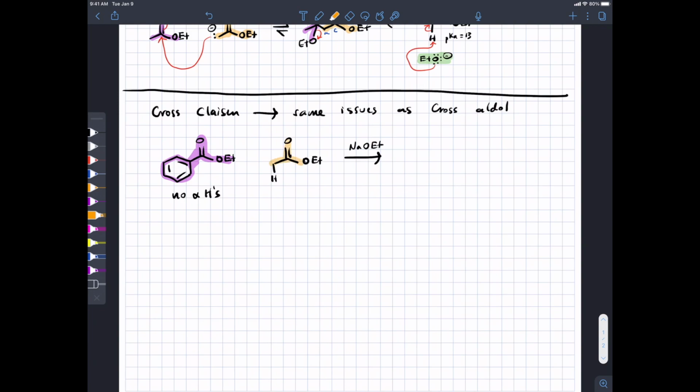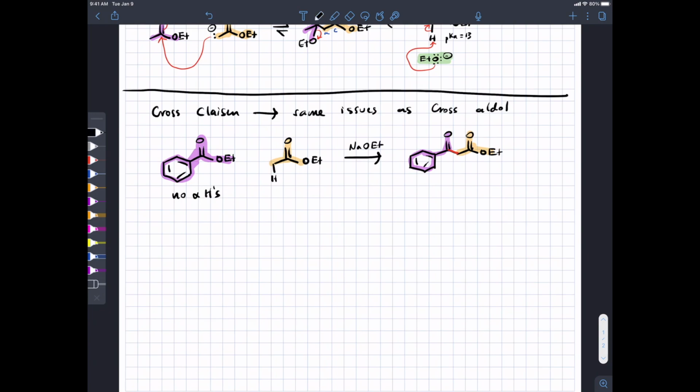So here's the molecule. It's going to become our enolate, and the desired cross-Claisen product would be this beta keto ester, where this is the new bond that we made, and it's the cross-Claisen product.